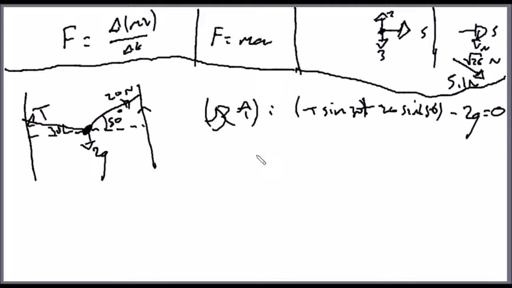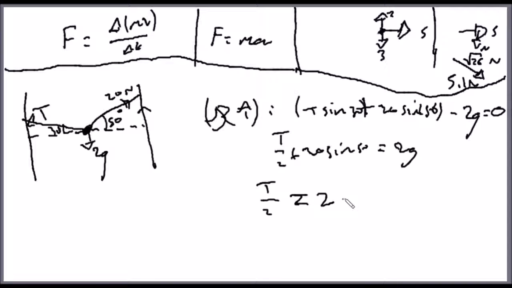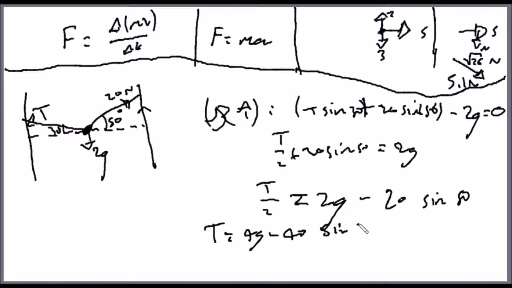Okay. So sine 30 is a half, so you can say T over 2 plus 20 sine 50 equals 2g, and that's equivalent to T over 2 equals 2g minus 20 sine 50, and then finally T equals 4g minus 40 sine 50.